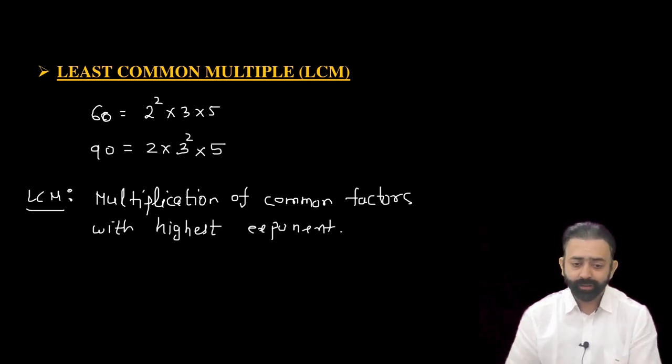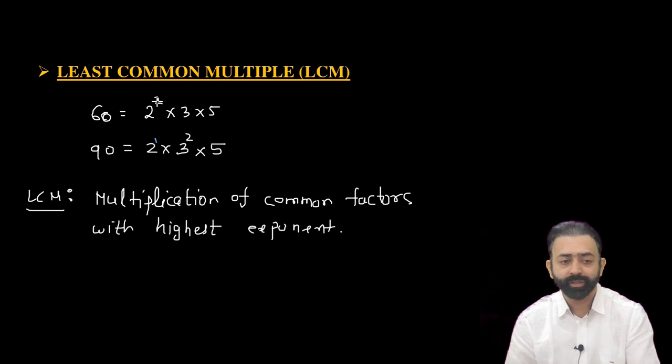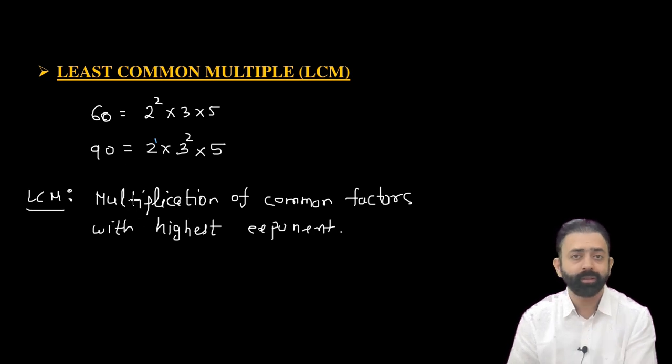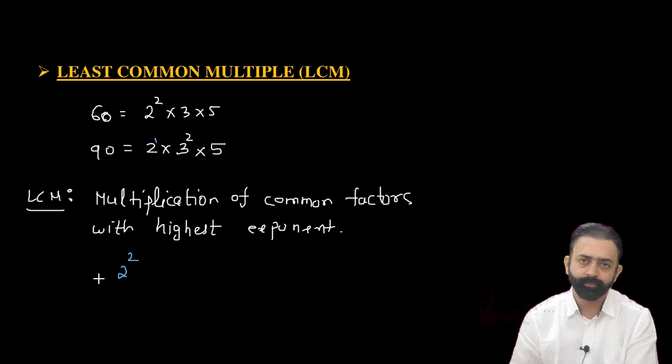So as you can see here, we have 2 raised to power 2 and 2 raised to power 1. So the highest exponent of these two common factors is 2 raised to power 2. So we will multiply not 2 but 2 raised to power 2.